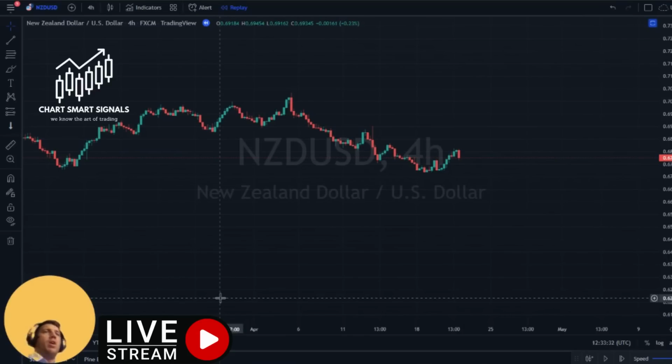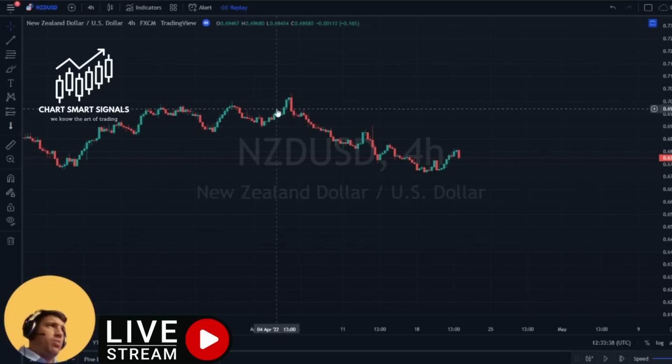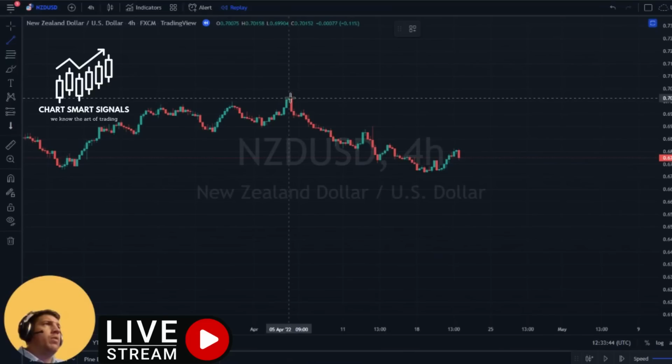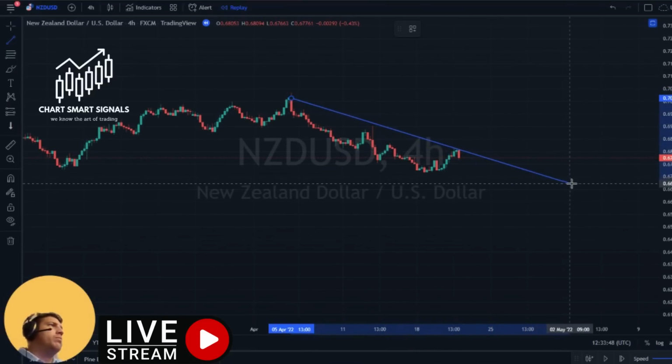Okay, we're on the New Zealand dollar and US dollar. We're on the 4-hour chart. We're seeing a downward trend over here. Let's draw our trend line.